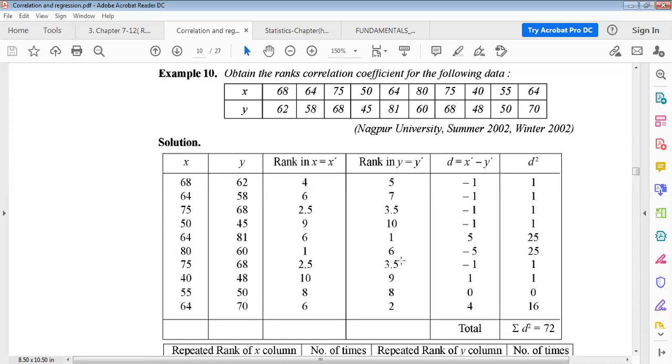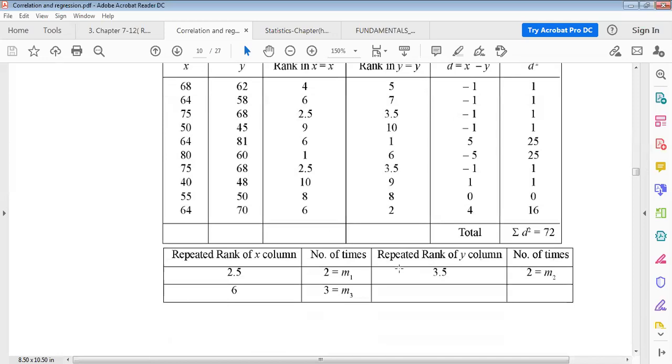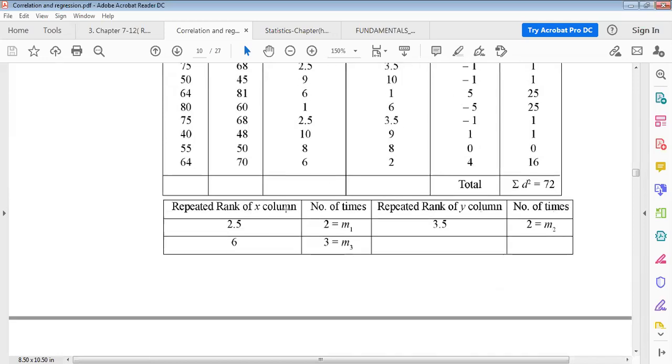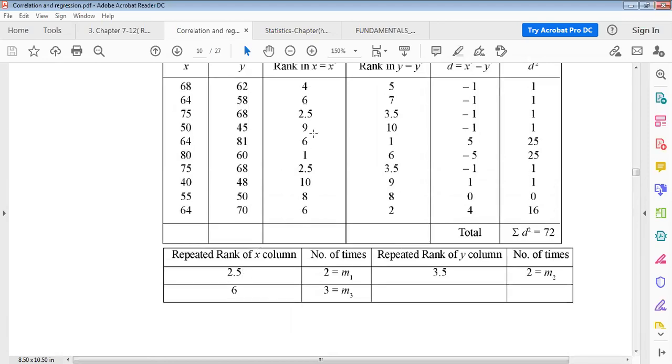This is the repeated rank. The first repeated rank for X is 2.5, occurring two times, and the next repeated rank is 6, which is given to three persons because 64 appears three times. So in the X column, one rank is repeated two times and another three times.